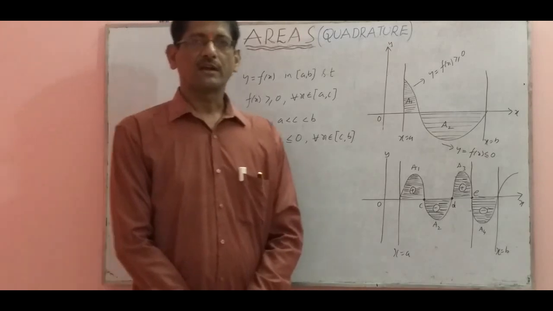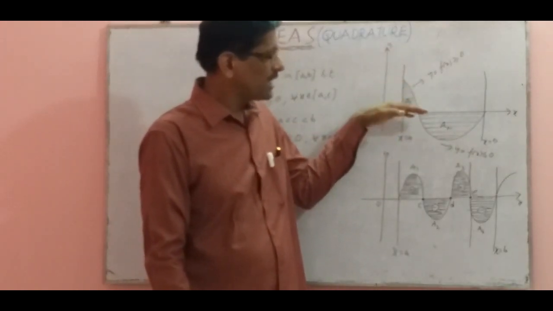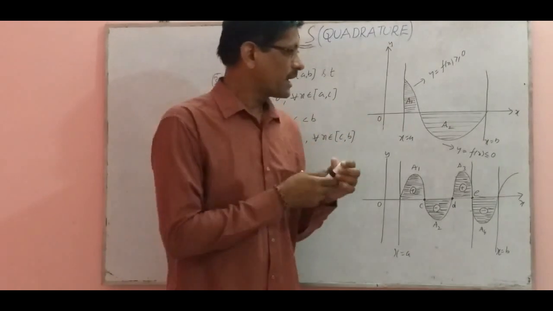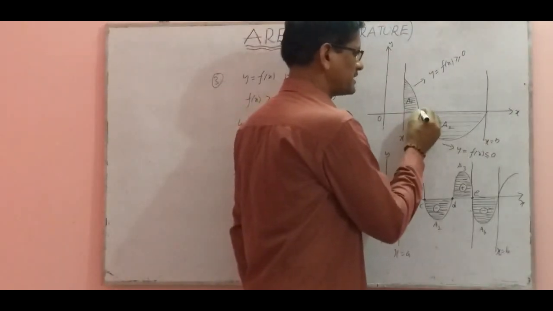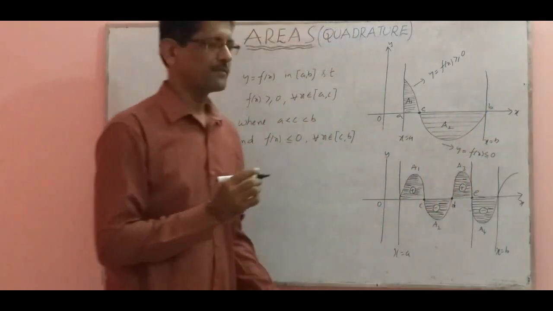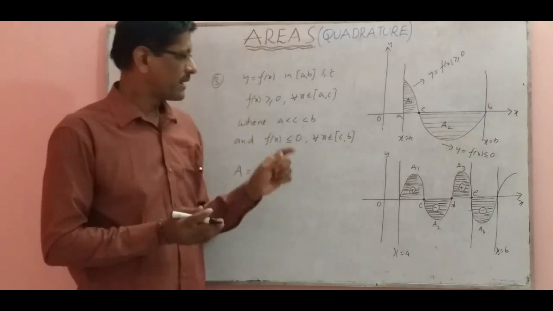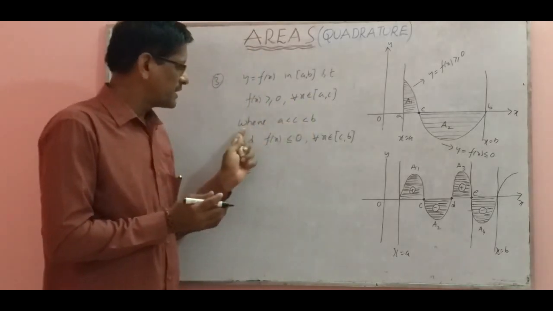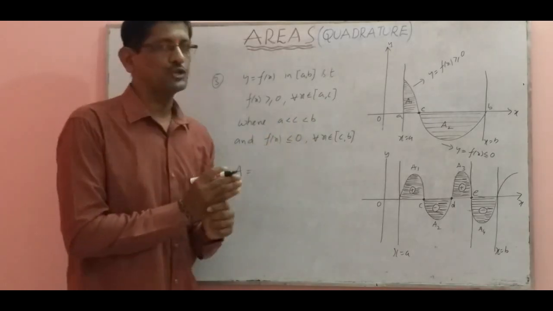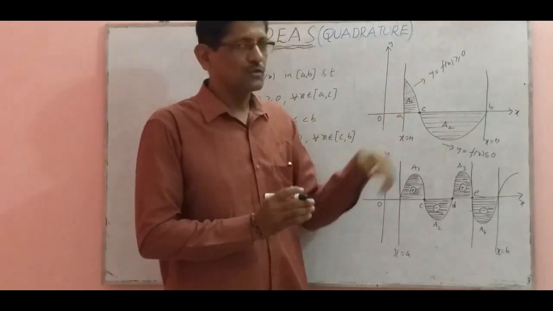That means the curve is above the x-axis, for all x belongs to a comma c, where c is the point between a and b. Next, where a less than c less than b, f of x less than or equal to 0.